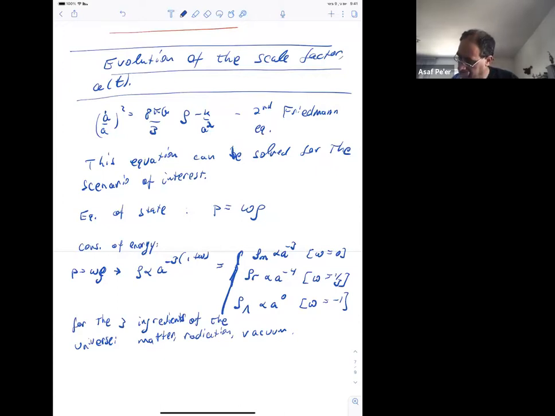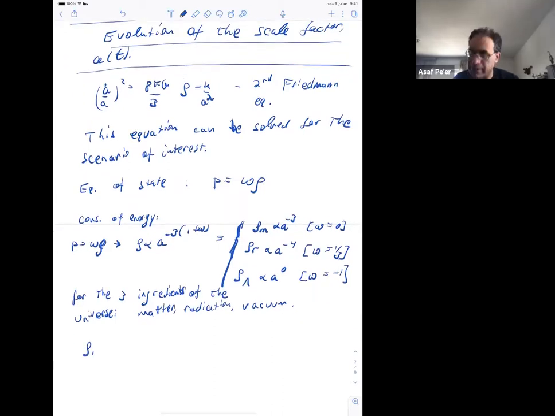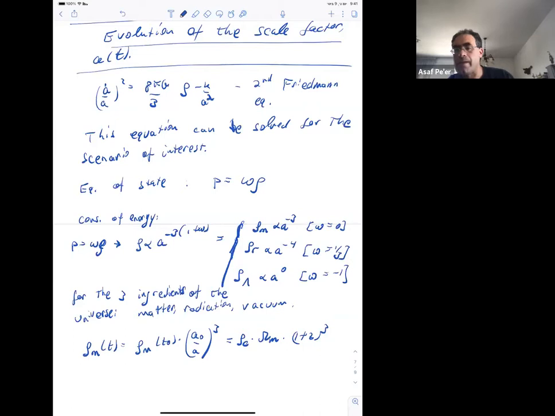So looking at that, we find, for example, that rho matter, the energy density of matter, as it changes with time, is just rho matter today times a0 over a(t) to the power 3. So we can write it as rho critical times omega matter times 1 plus z cubed. Are you all with me?